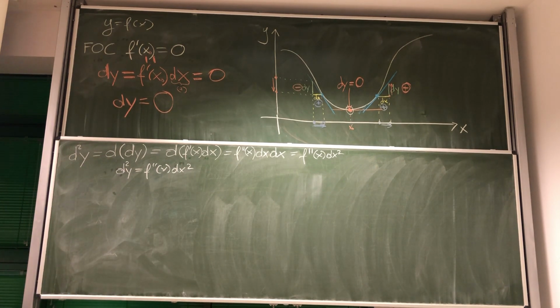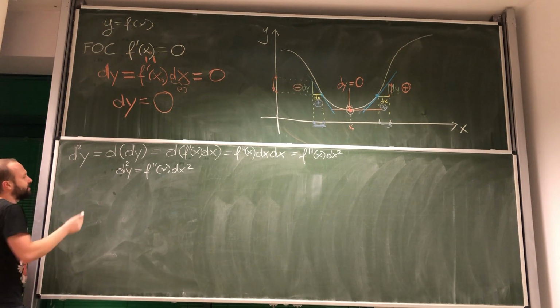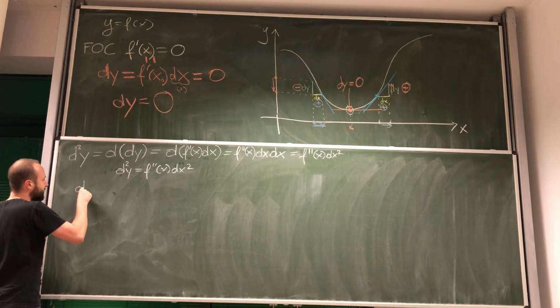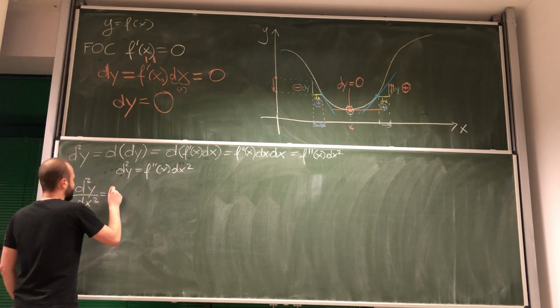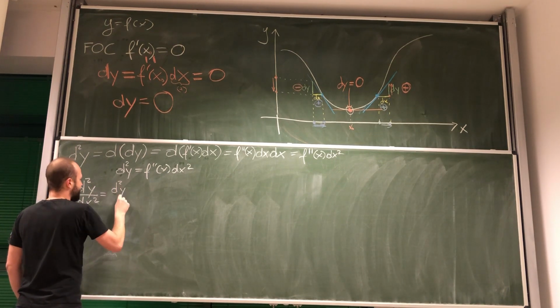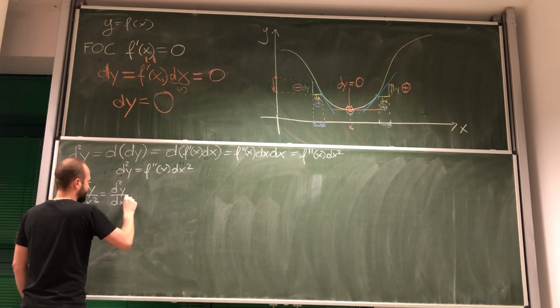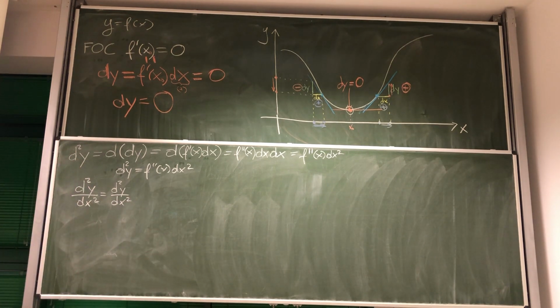But, look, again, I could use a different way of doing it. Second derivative, d squared y over dx squared, is equal to f double prime of x, right?